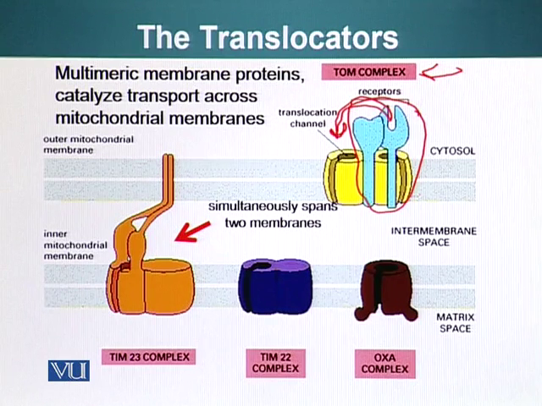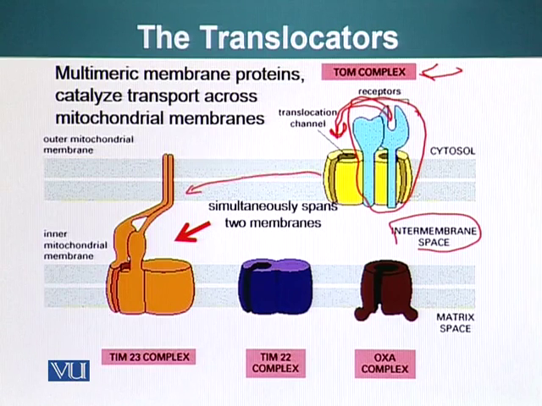All proteins are actually initially sent to the matrix space, and then after they have reached the matrix space, some proteins are sent to the intermembrane space if they have an appropriate signal. So TOM complexes work with another channel protein which is present in the inner mitochondrial membrane.